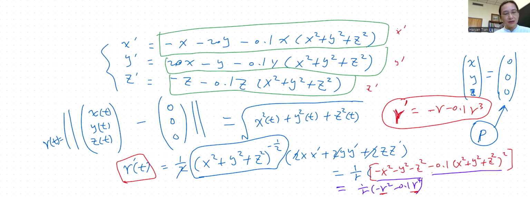So this distance r satisfies this differential equation. So let's go ahead and do some more analysis. So remember, so far we have negative r, negative 0.1 r to the third power.